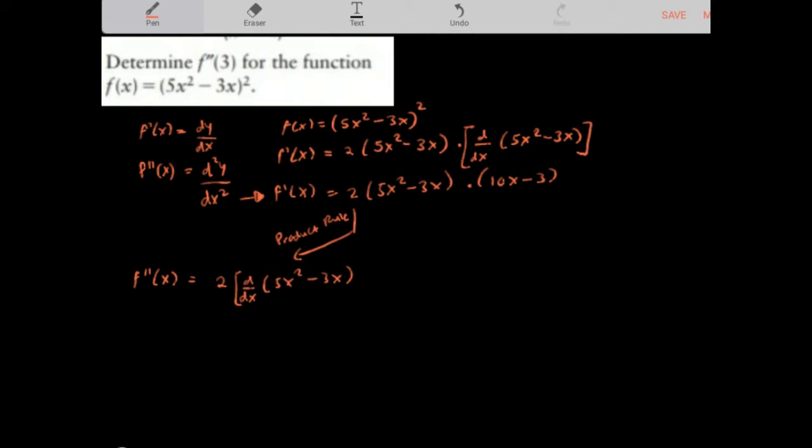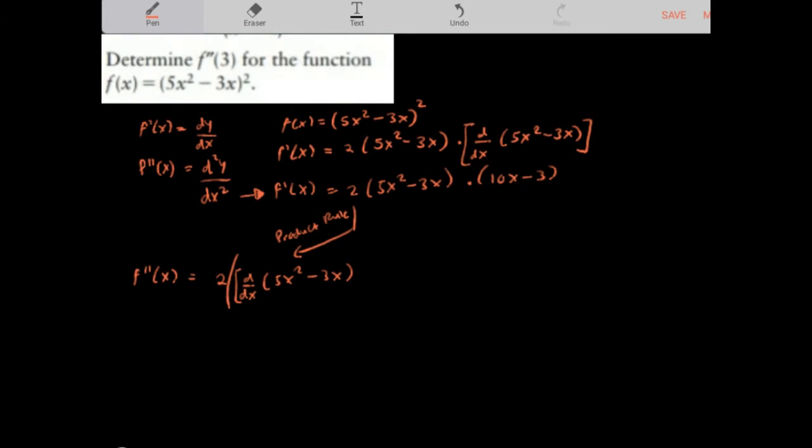We can multiply the 2 out afterwards, right? I don't think I need to use double brackets, so let's put the 2 out here and just work on finding the derivative of the inside.